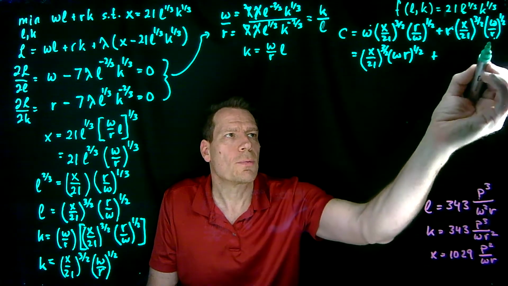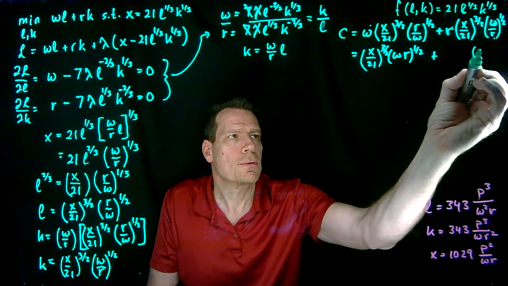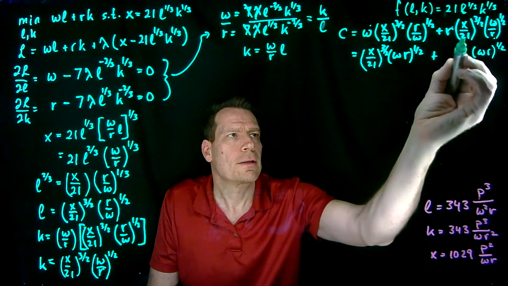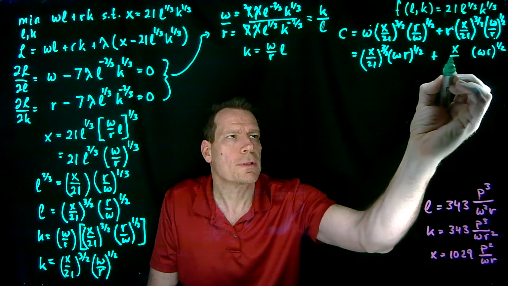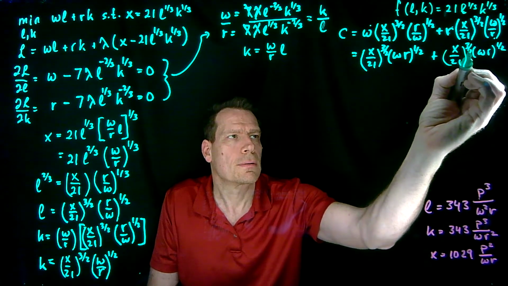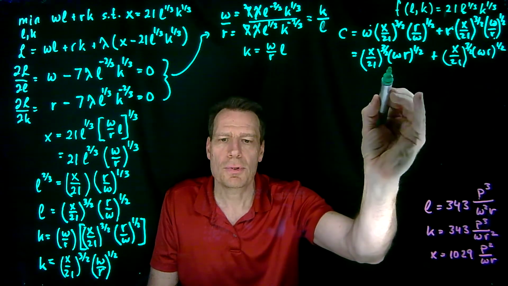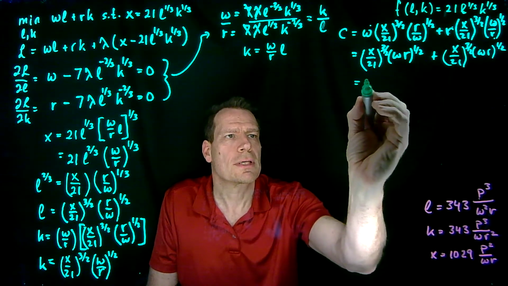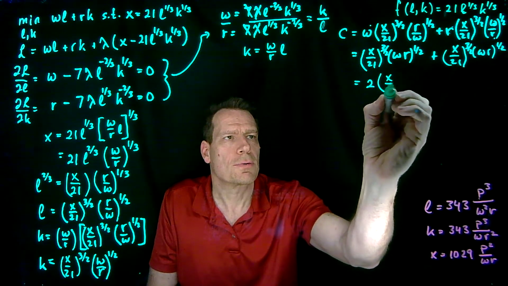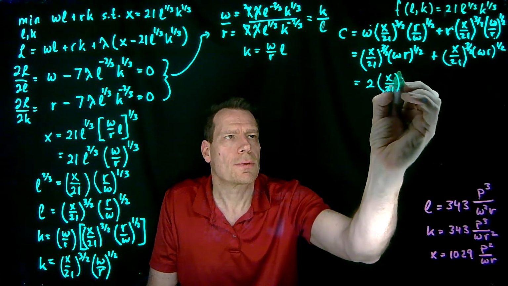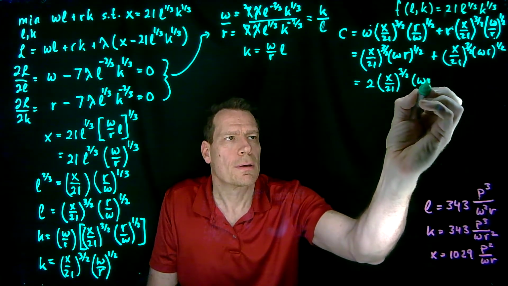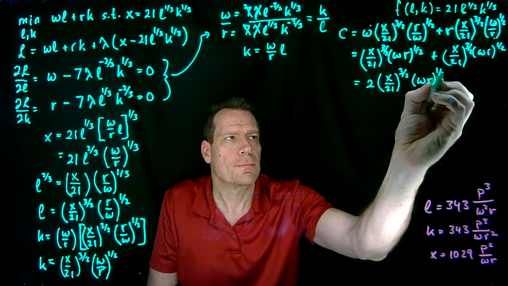We have a W to the 1/2, so again we'll have a WR to the 1/2. And we still have that X over 21 to the 3/2. So we have exactly the same two terms, so that's just equal to 2 times X over 21 to the 3/2 times WR to the 1/2.